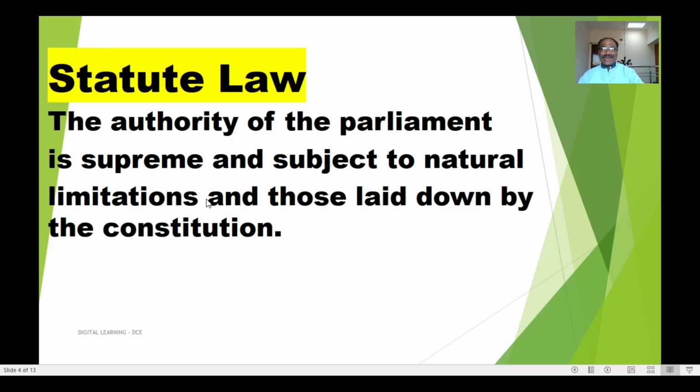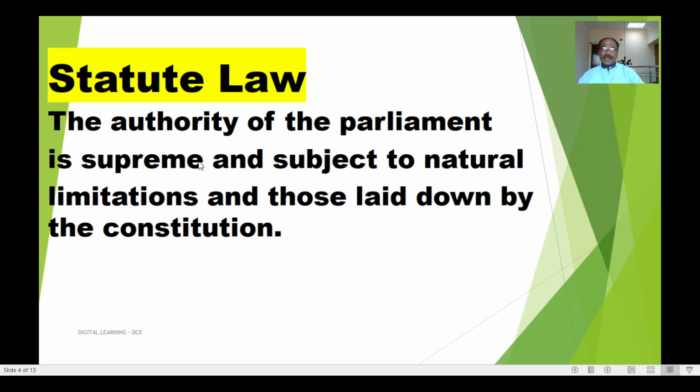They are not to be neglected, the Constitution. The Constitution is a framework for us, and based on this framework, and within the framework only, the law is to be made by the government, by the Parliament. Why?